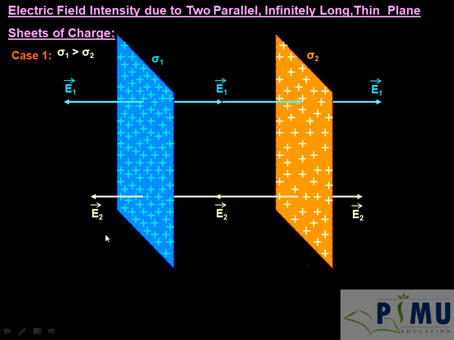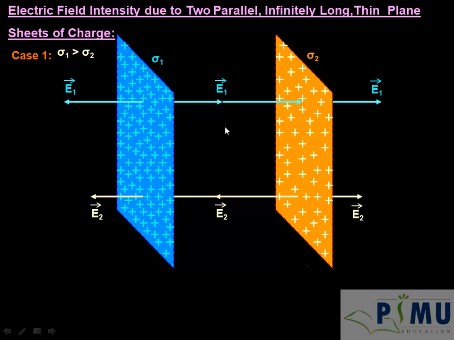Similarly for E2, this is the sheet and this is the point. Therefore, at this point, the electric field due to the second sheet will be directed away from that sheet, also in this direction. So E1 and E2 are in the same direction.